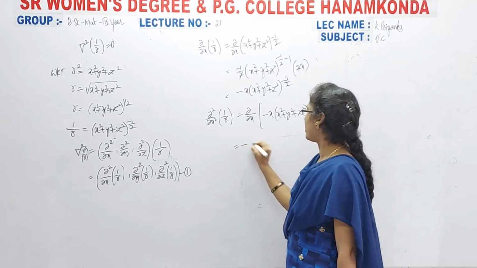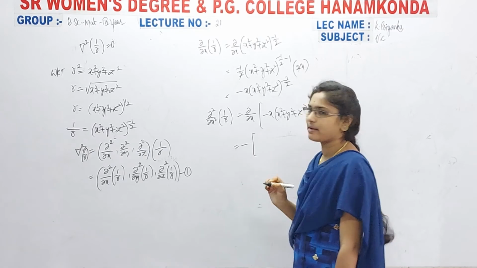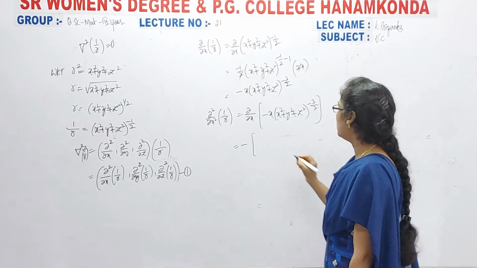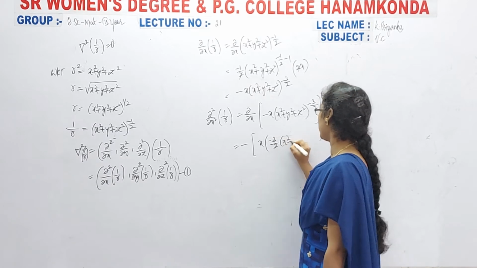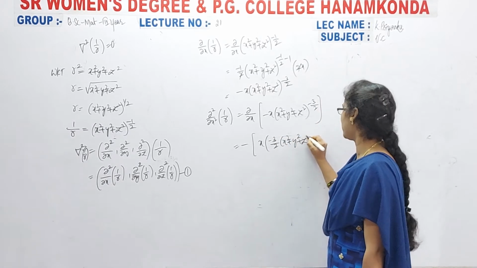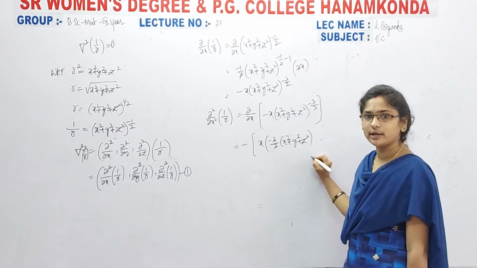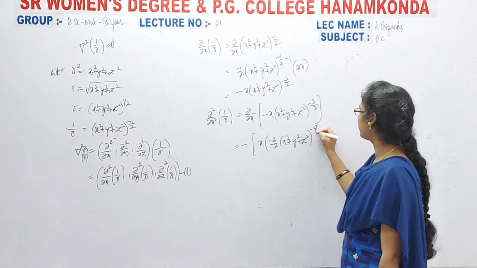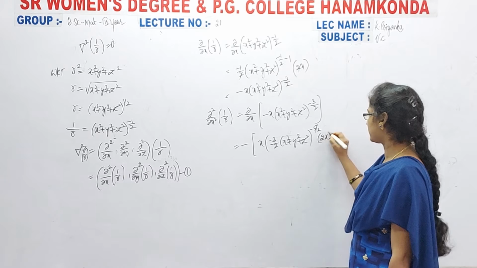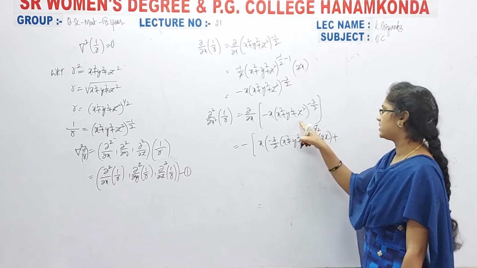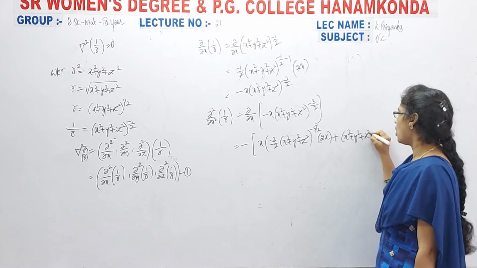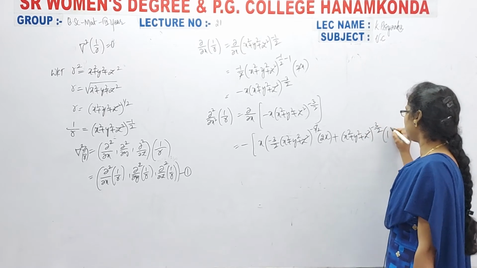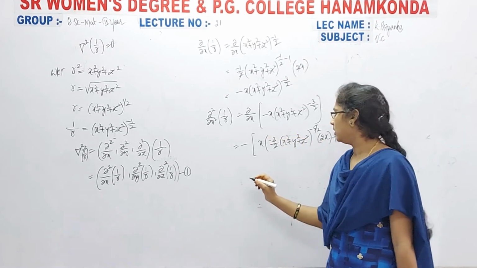So then what we get, minus outside, again here we have to use that u into v formula. Then x of minus 3 by 2 into x square plus y square plus z square whole to the power of minus 3 by 2 minus 1, minus 5 by 2, into 2x. Okay, plus this value x square plus y square plus z square whole to the power of minus 3 by 2 into 1, the derivative of this one. Okay.